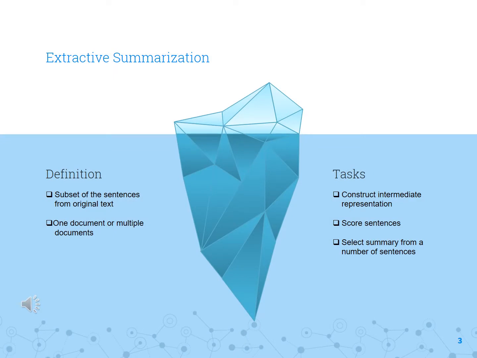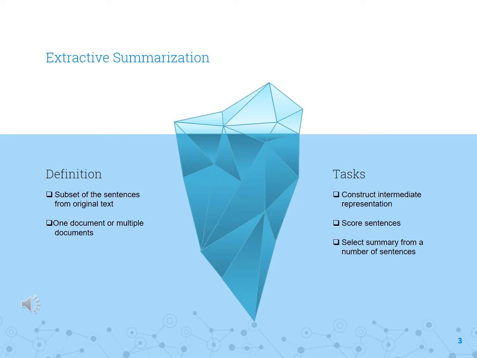Let's talk about extractive summarization. On the previous slide, we talked a little bit about it. It is a subset of sentences from the original text. It could be summarized from one document or multiple documents. How does an extractive summarization system work? In order to understand this, a couple of independent tasks are performed.